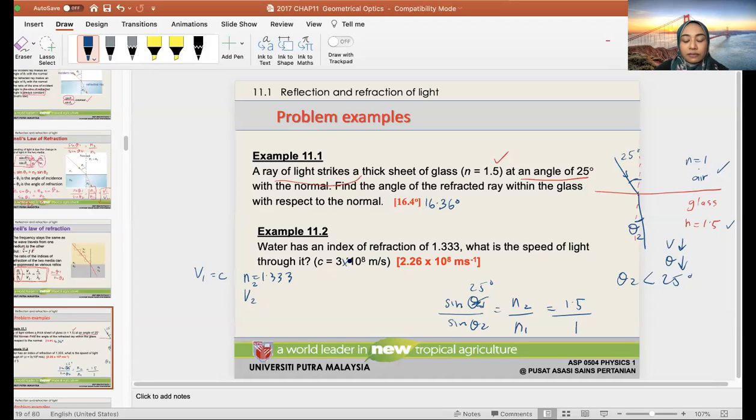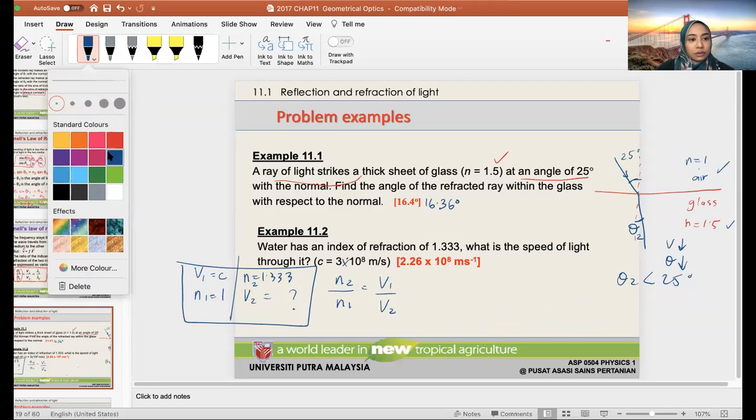Okay, this is the speed of light. It means n1 is equal to 1, right? We know that n2 is 1.333. We want to know what is V2. So using the ratio n2 over n1, remember it's flipped, so V1 over V2. Okay, so please make sure that you know what is your 1, what is your 2, don't mix them up.